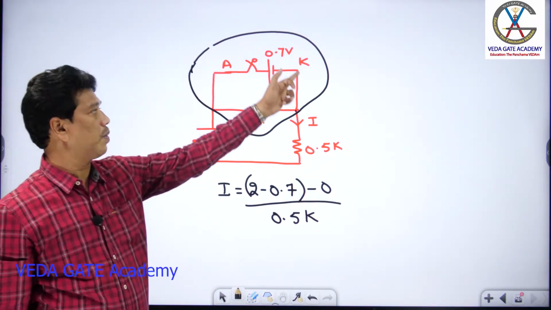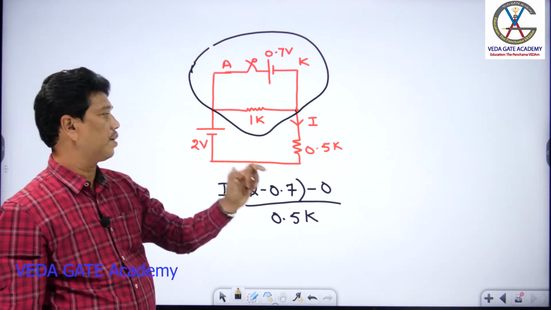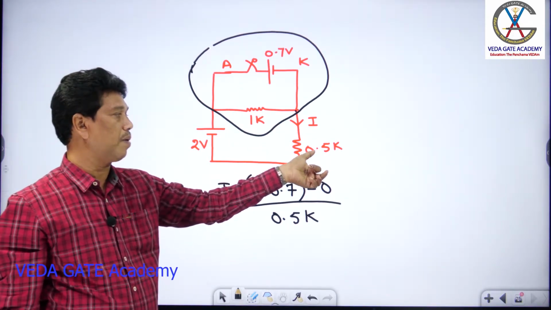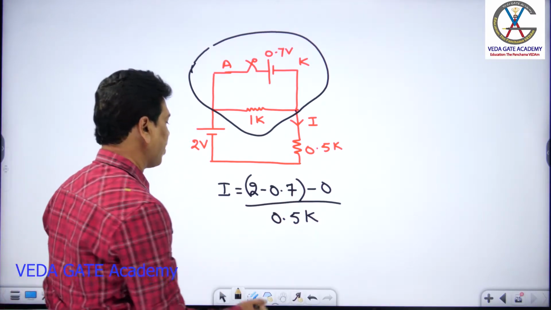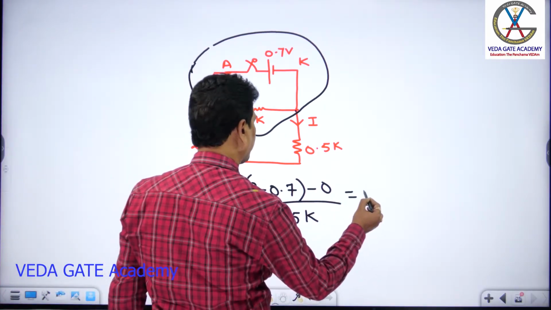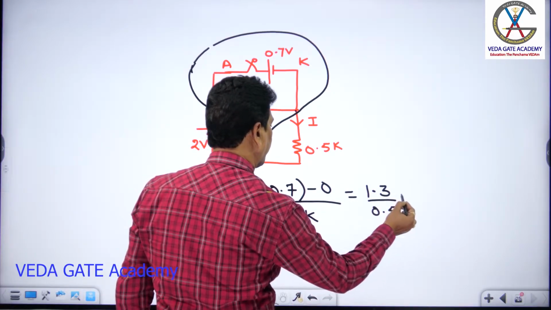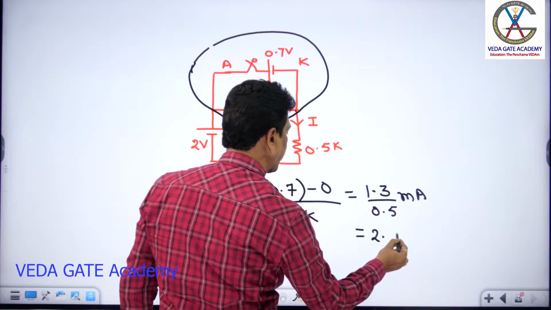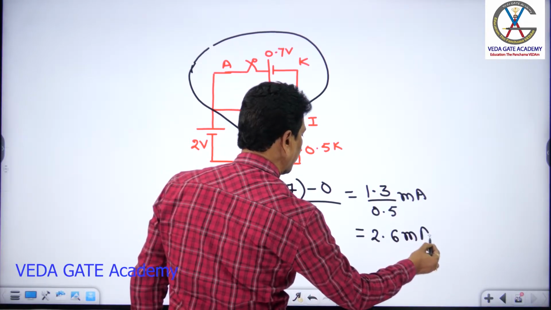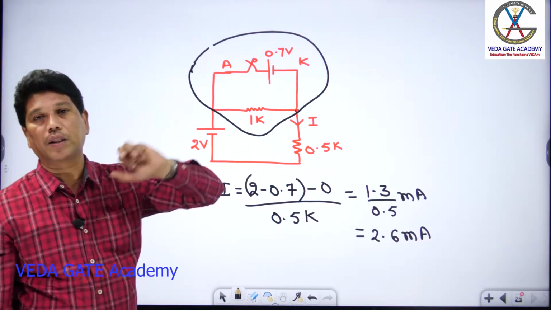So this corresponding circuit has a maximum drop of 0.7 volt. From 2 volt you subtract 0.7 volt, and then the current in the 0.5 kilo branch is 2 minus 0.7 by 0.5 K, that is 1.3 by 0.5 milliampere. That becomes 2.6 milliampere. So keeping the diode on, the voltage drop across the diode is 0.7 volt.